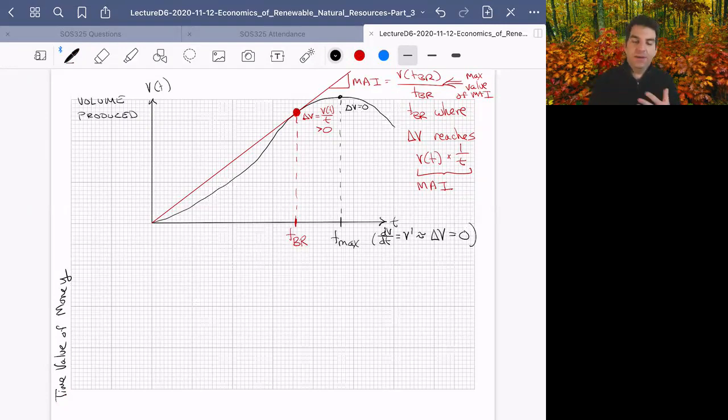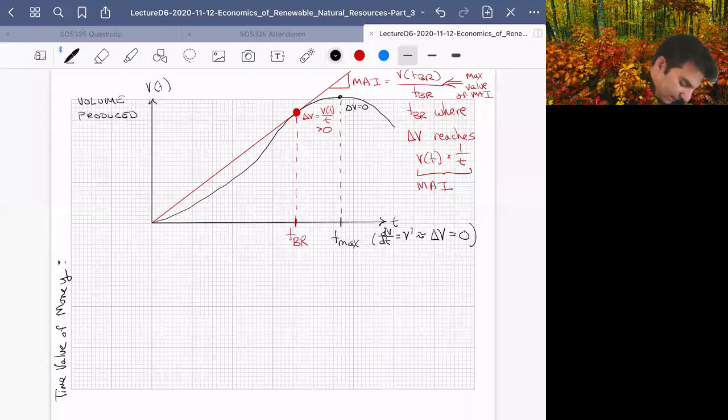In other words, we need to really compare. So the time value of money is really saying, how does the growth of VT, which is, by the way, just delta V, compare to the growth at a bank?